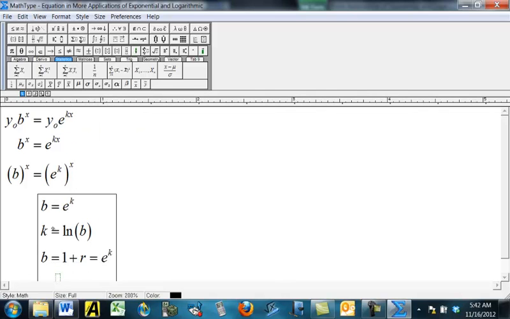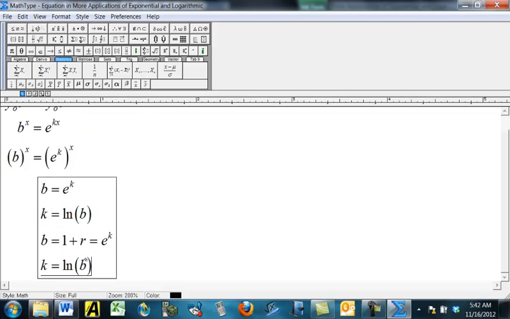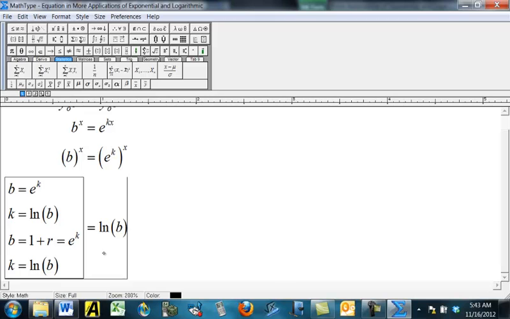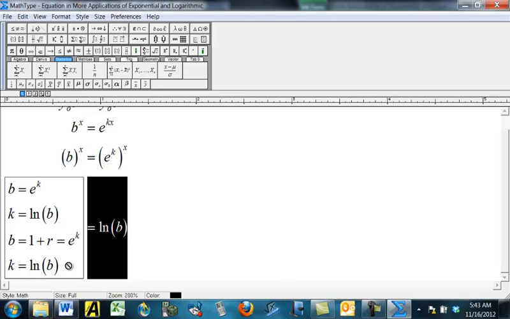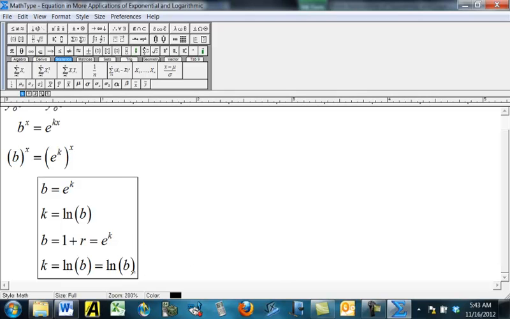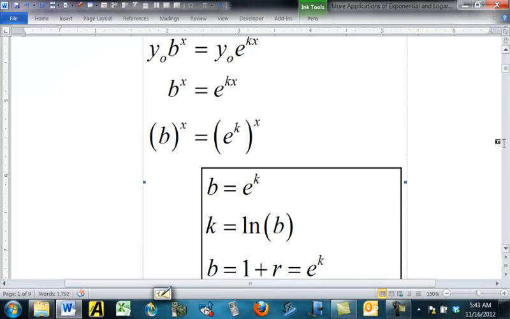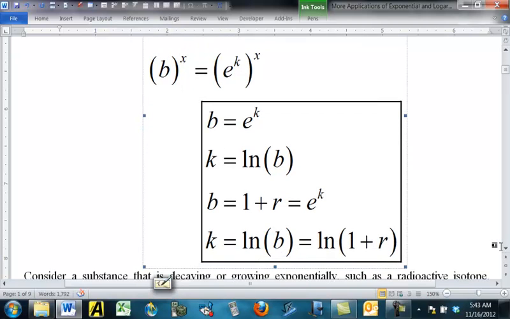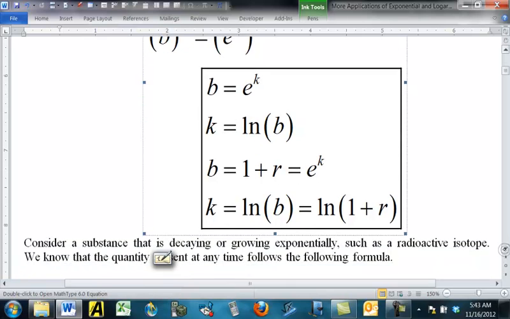So we see that r and k are not the same thing, but they're related by this expression: k equals the natural log of 1 plus r. So the main thing to remember is that k is the natural log of b, or remember b is e to the k. Either one of those is really saying the same thing. You should be able to get from one to the other.